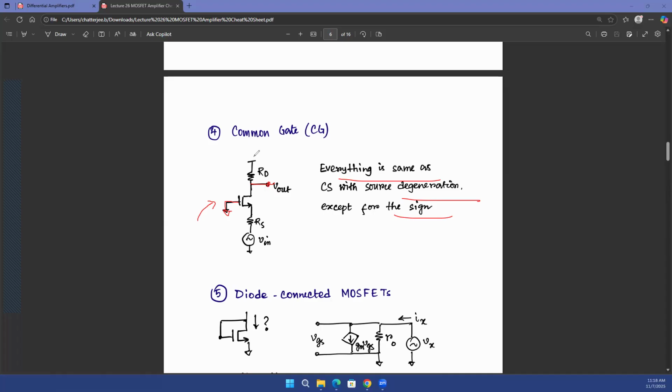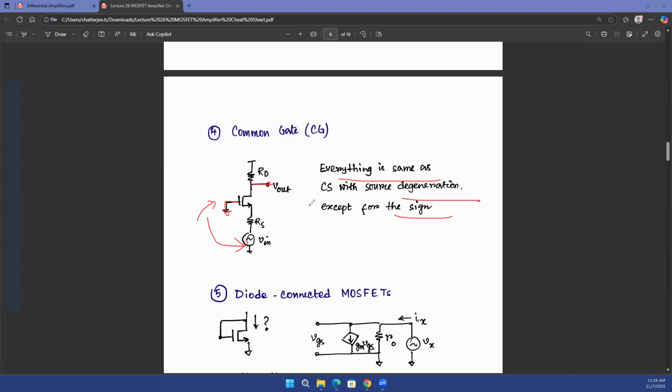It's just that your input, which was VGS earlier, you had a positive gate voltage, and let's say the source was very close to ground. So you had a positive VGS. Now you're just shifting that input voltage to the source terminal, so you have a negative VGS, but by the same amount. You are connecting your input at the source, not at the gate. So instead of VGS, you have VSG, and that's the only difference.